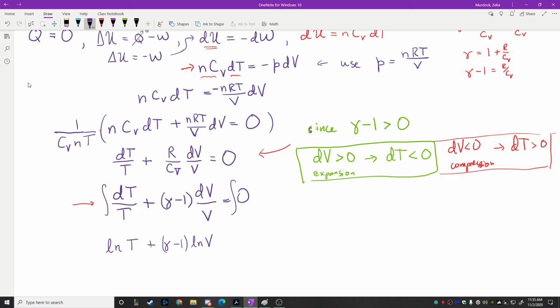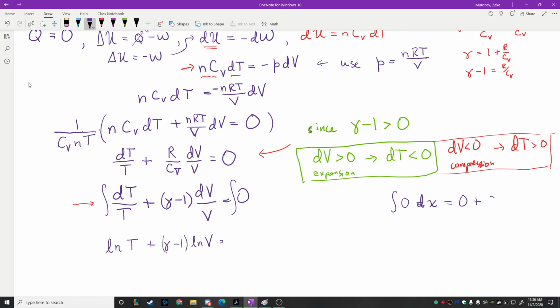What happens when you integrate 0? You get 0, but you also get a constant, right? It's an indefinite integral at this point, right? So anytime you integrate something, in this case, the integral of 0 dx, for example, it wouldn't be equal to x, it would just be equal to 0.